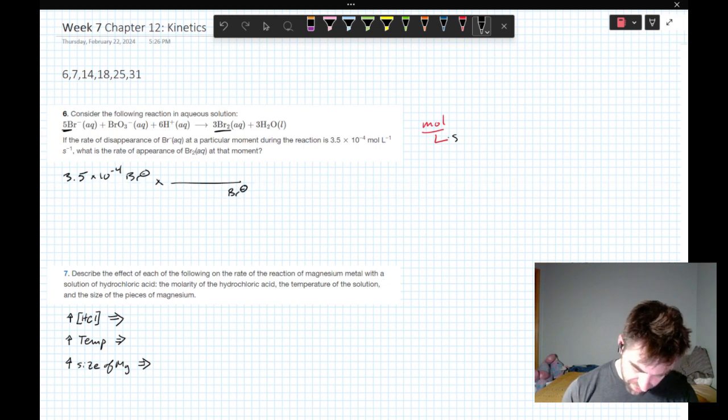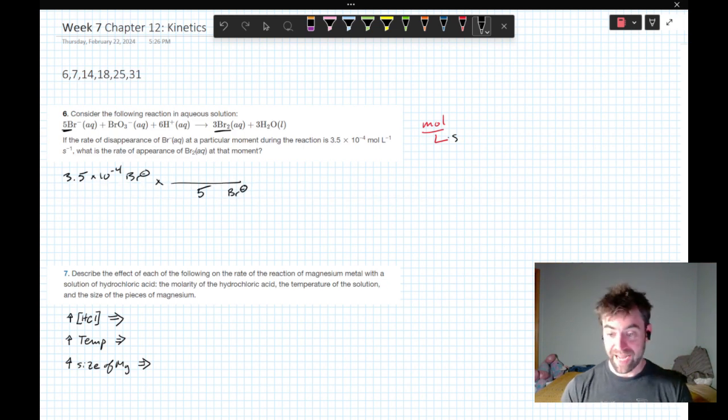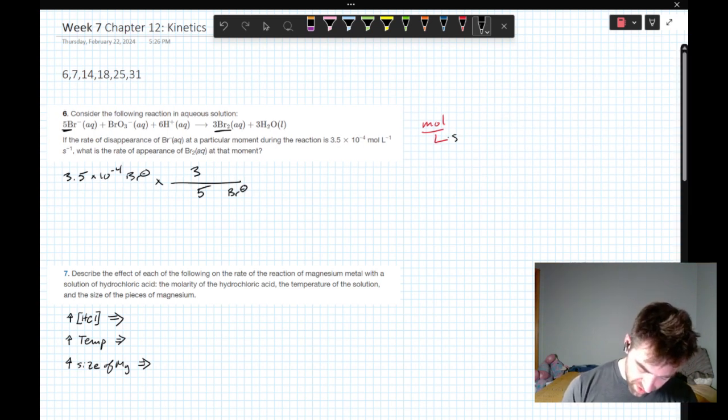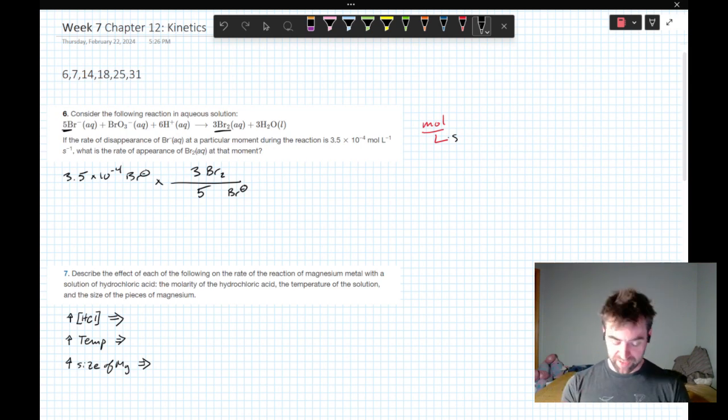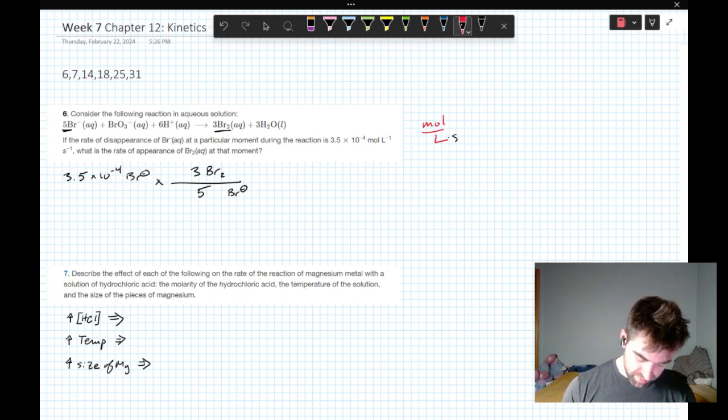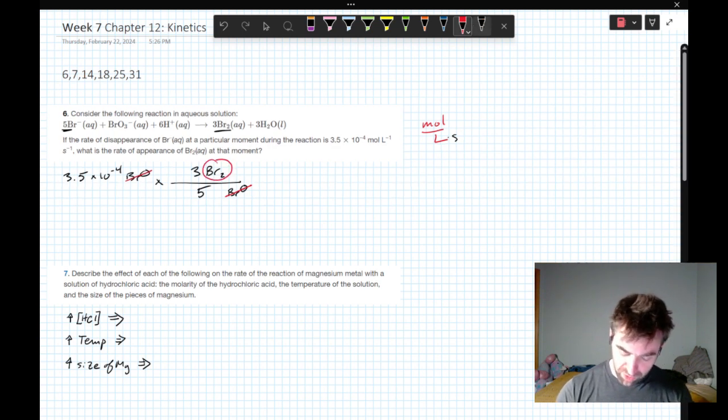We know that for every 5 bromide ions that disappear, we have 3 diatomic bromines, which is what we're trying to get to, that appear. And we can simply run this now, where our bromides will cancel out, and the units that we are left with is diatomic bromine.